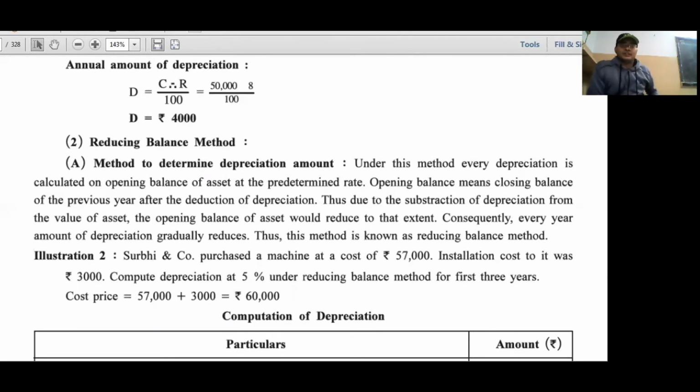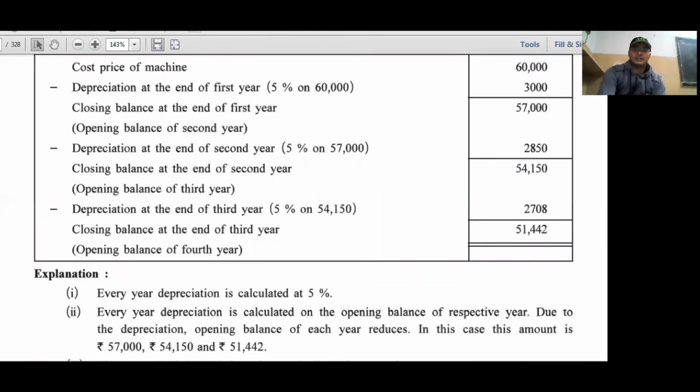It means there is no possibility that, like in the SLM method, if depreciation remains the same for the first year, then the same value applies for the next years. No, it is not like that. Here the depreciation value changes from year to year. Got it? On the basis of this, there is a question regarding this.